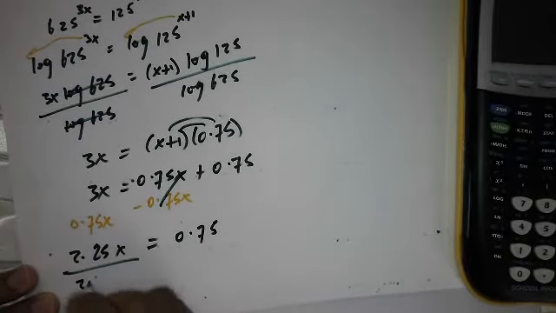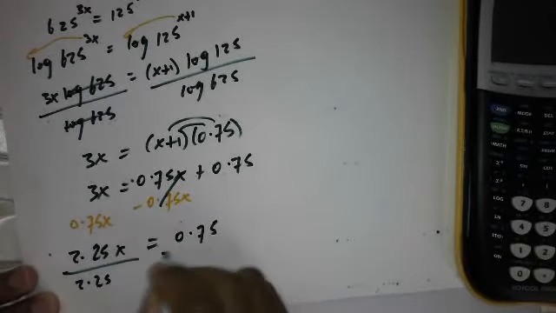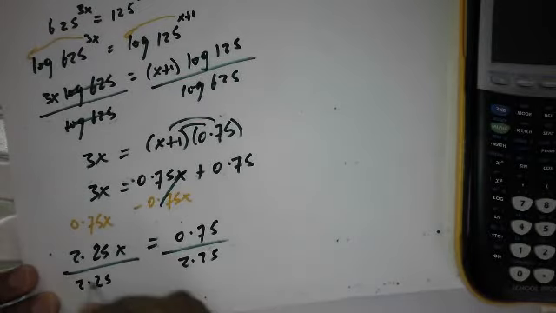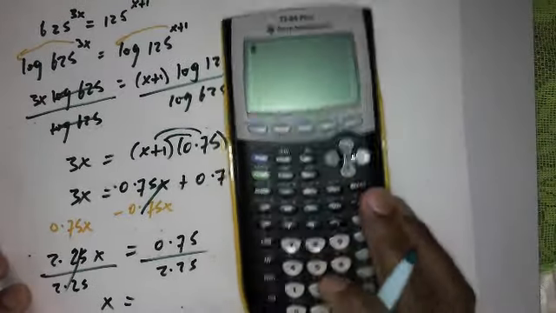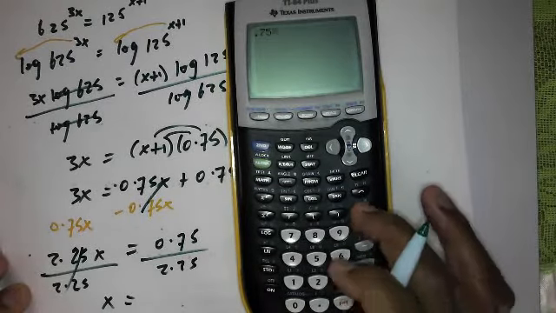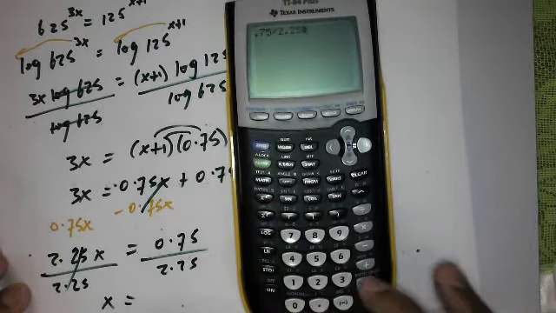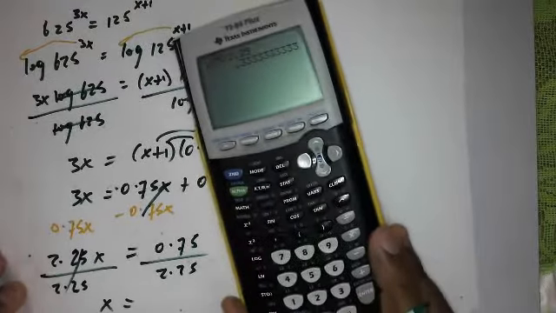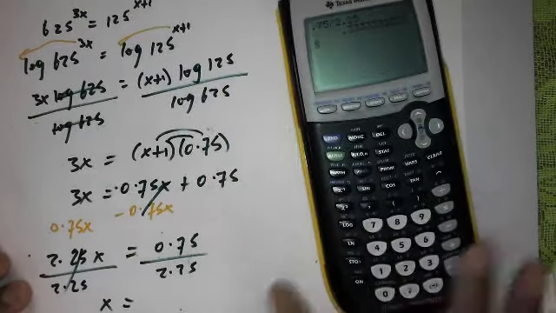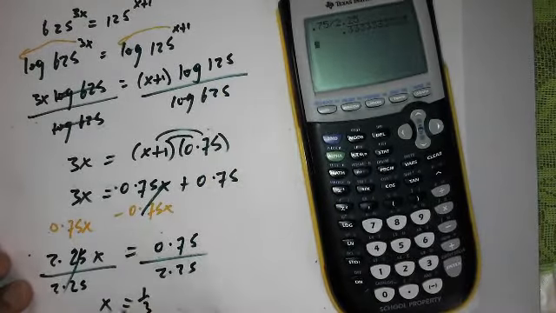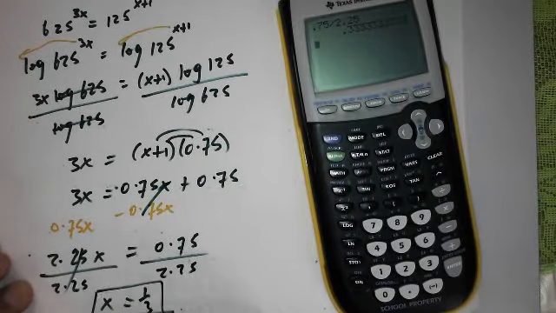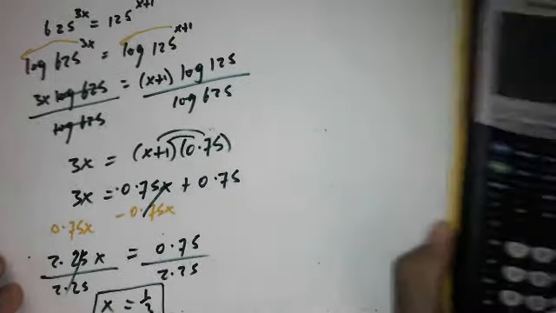Then we're going to divide both sides by 2.25. So x is equal to 0.75 divided by 2.25. So 0.333, that is the same thing as 1/3. So x equals 1/3. And it's better to write the fraction, that will give you the exact value.